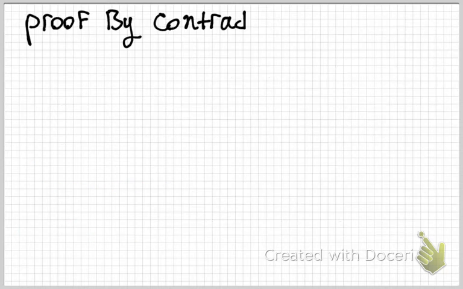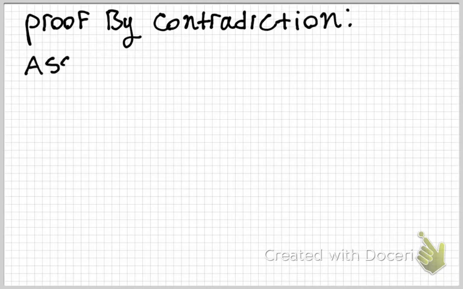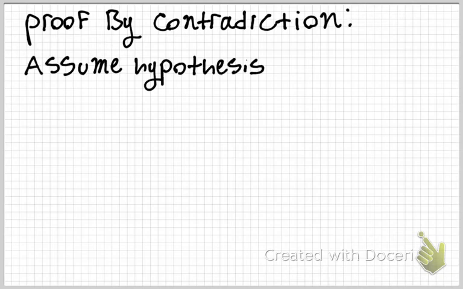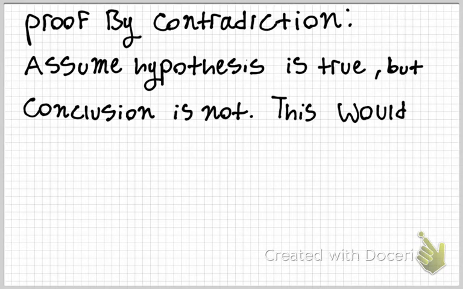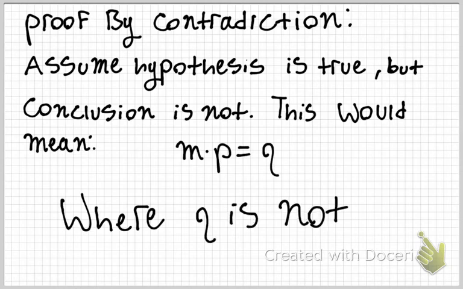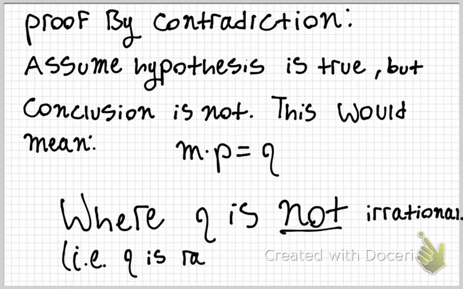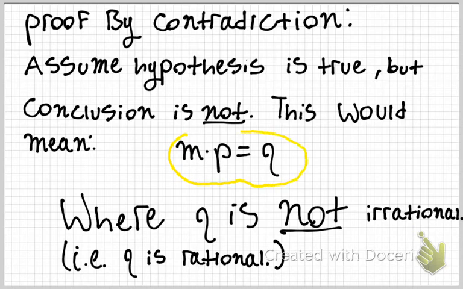All right. So, proof by contradiction. Assume hypothesis is true, but conclusion is not true. This would mean, all right, if I assume that my hypothesis is true, but my conclusion is not true, this would mean that m times p equals q, where q is not irrational, i.e. q is indeed rational.